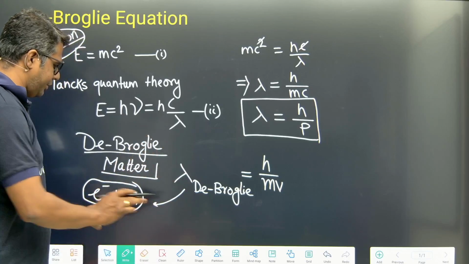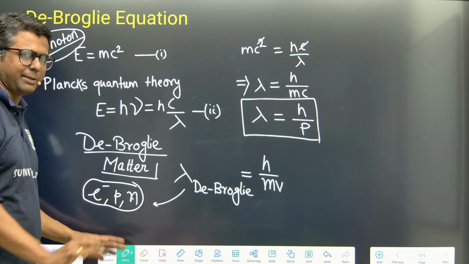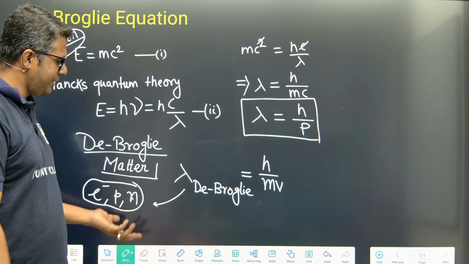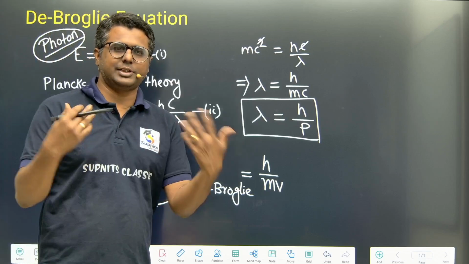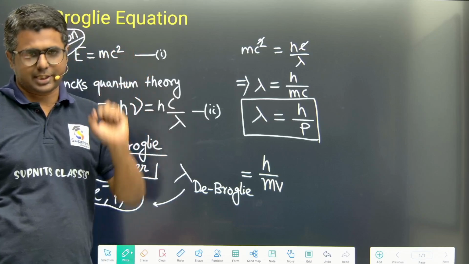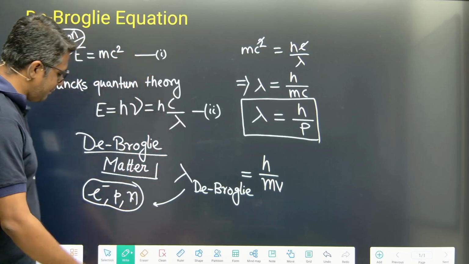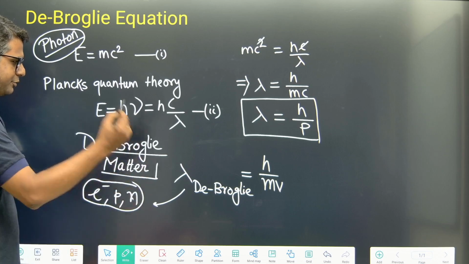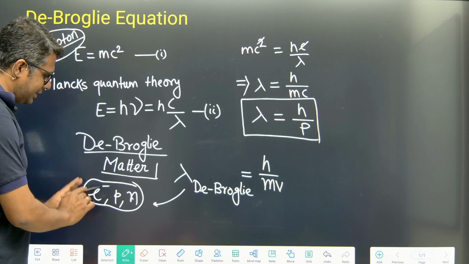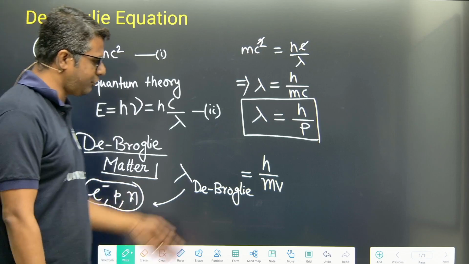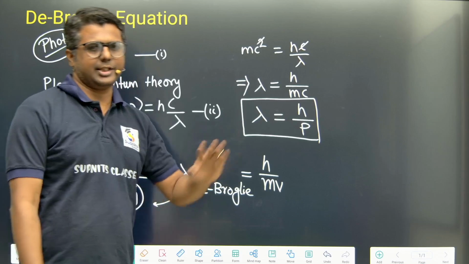But electron, proton, neutron, the three subatomic particles I am writing. But I am not taking myself as an example, I am not taking a ball as an example. I am taking the examples as electron, proton and neutron. So there must be some reasons to it. However, these are particles, these are matter, this is going to follow the same formula as per de Broglie.